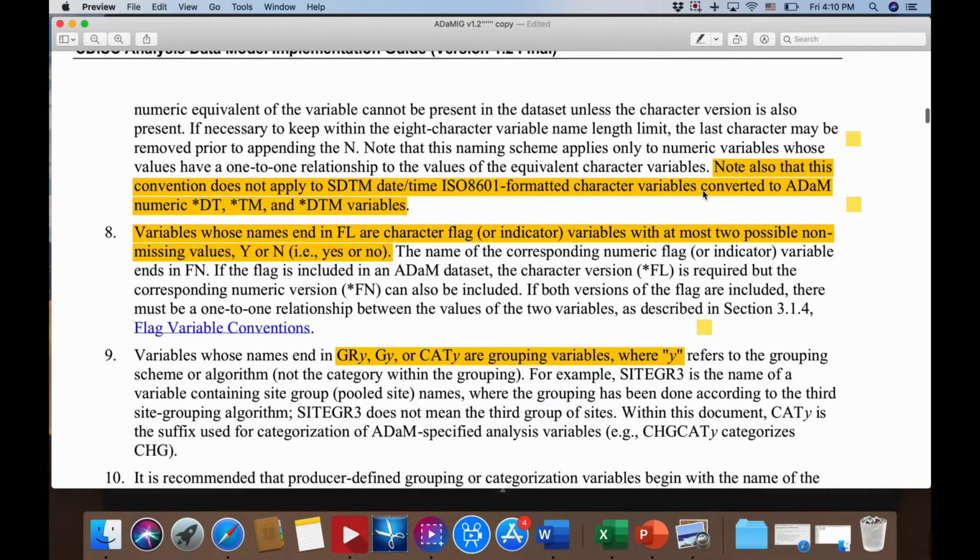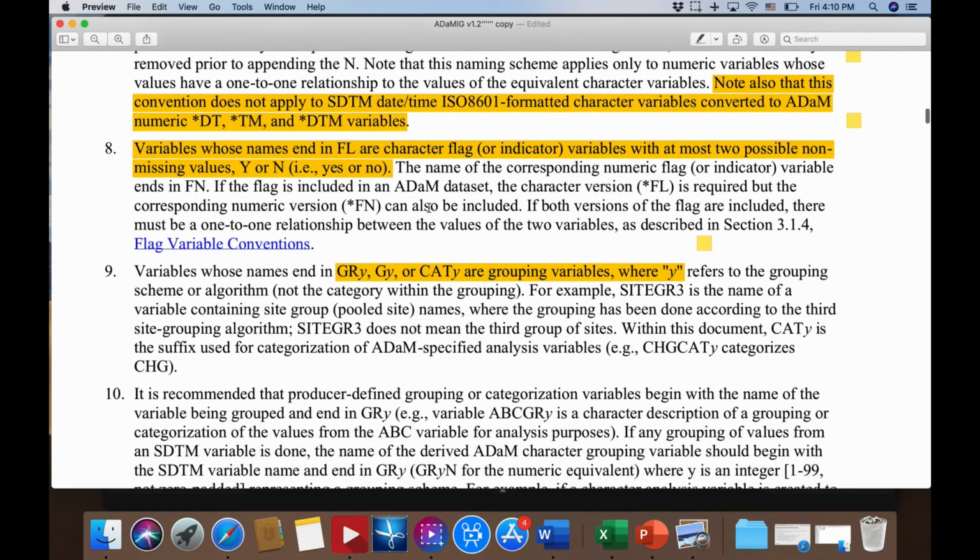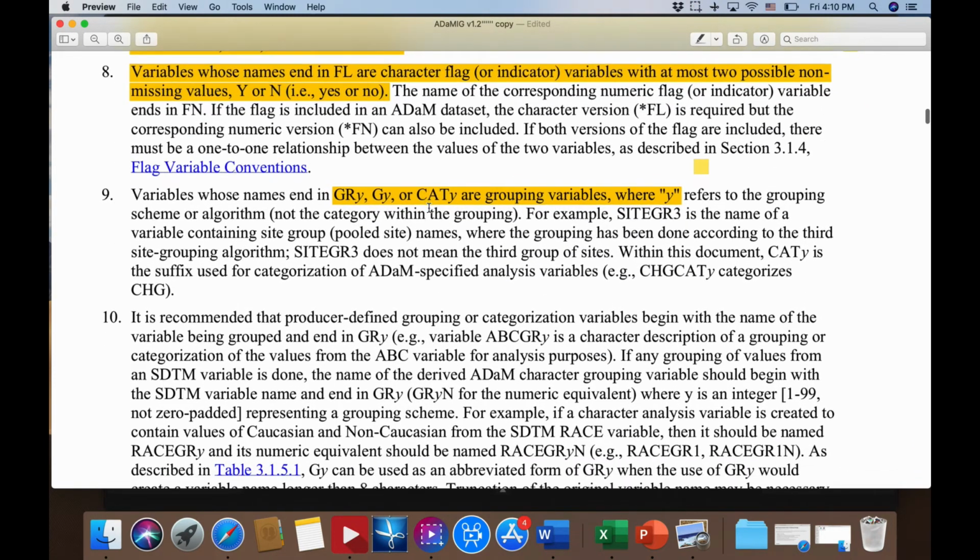There's an exception that for SDTM datetime character variables there is a different rule. Okay. So for variables ending with FL, character flag variables, the value has to be Y or N and cannot be missing.